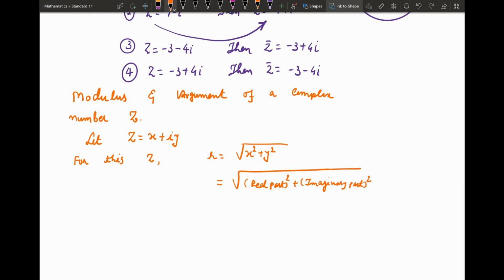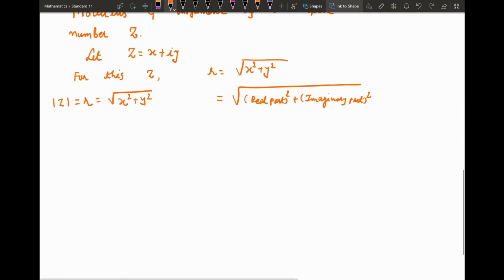So this is called the modulus of a complex number, also denoted by mod z equal to r. This is the modulus and it is given by under root x square plus y square.